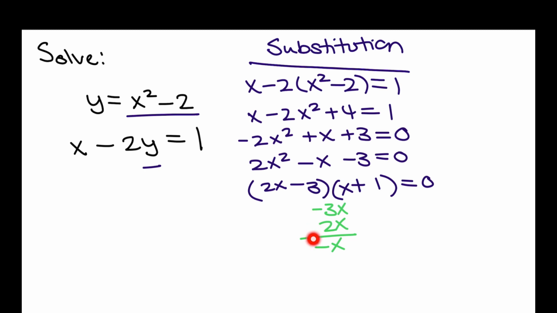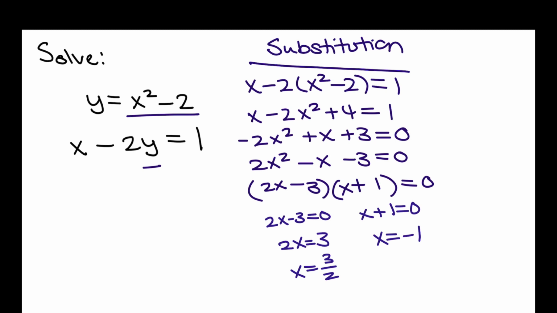If the 3x is negative and the 2x is positive, that'll give me that middle term of negative x. So my factors are 2x minus 3 and x plus 1. If I set those factors equal to 0 and solve for x, I get x equal 3/2 and x equal negative 1. This is representing the fact that these two functions intersect at two different points.